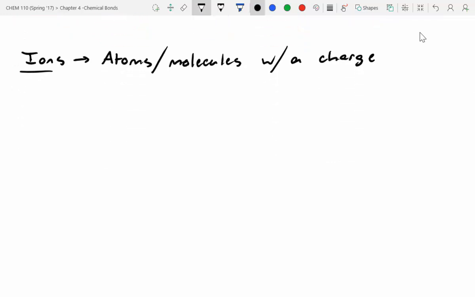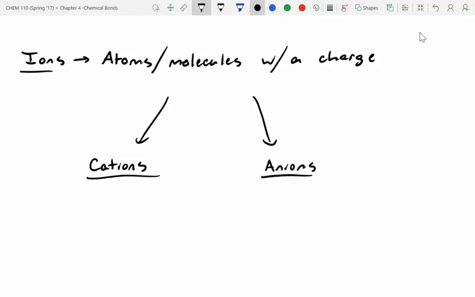So we can break this down into cations and anions. Does anybody remember which one is which? Which one's the one that has the positive charge? Cation. And with anions, they are negatively charged.